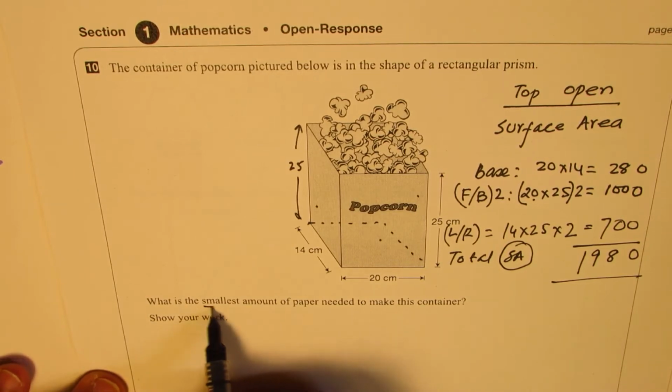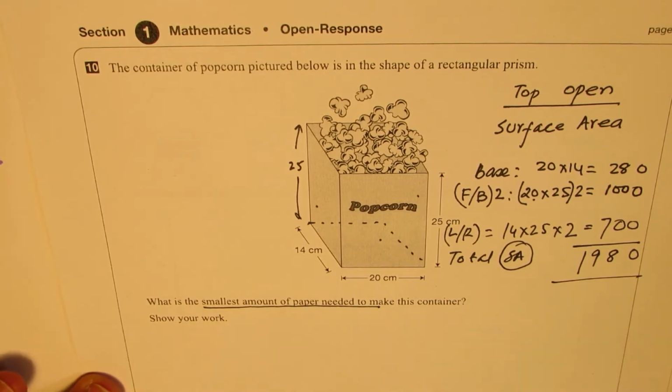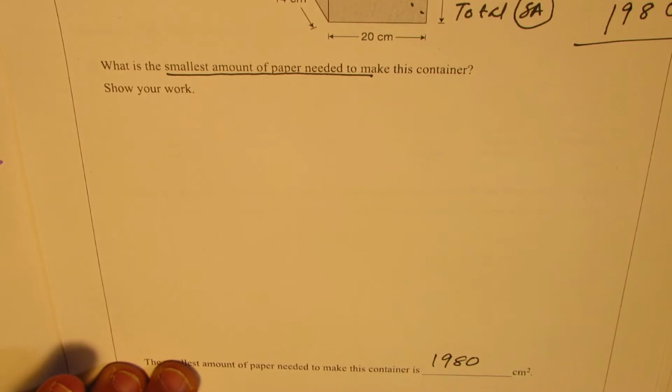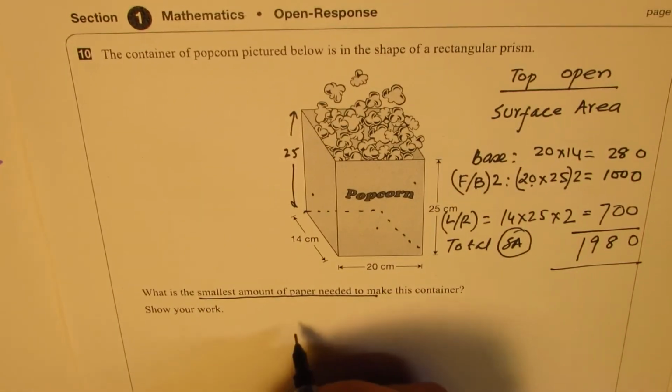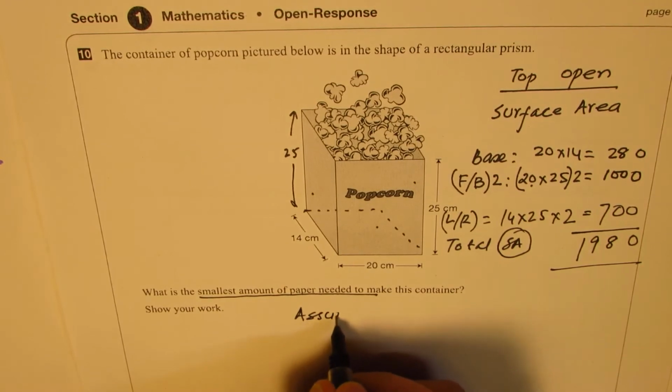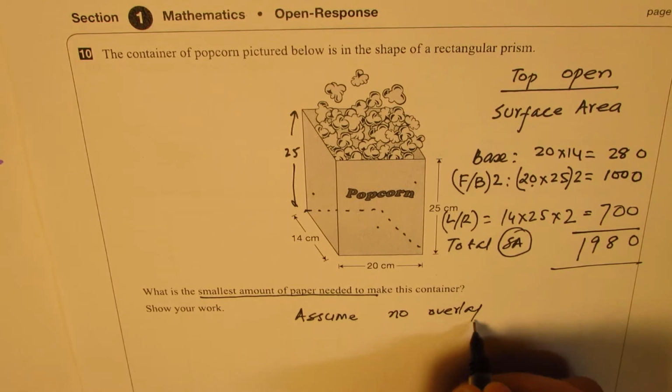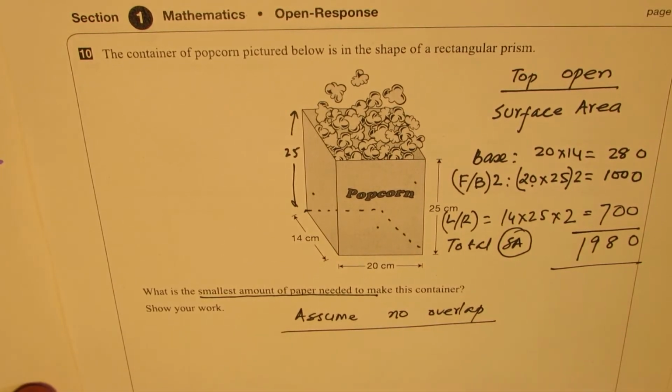So the smallest amount of paper needed will be 1980 centimeters square. So write it down. So we have assumed that there is no overlap, correct? So you can write assumption, right? No overlap, because then the paper will increase, correct?